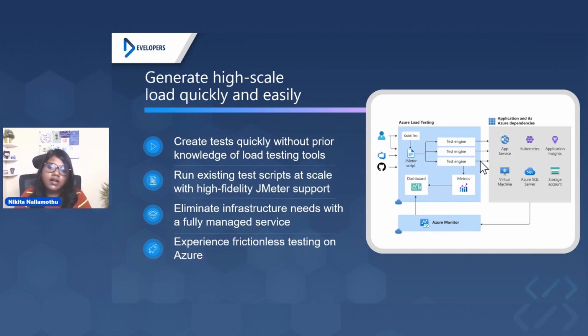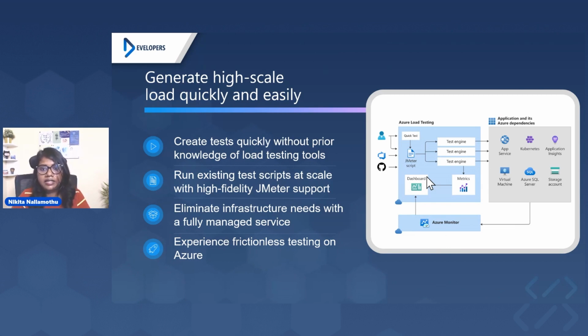If it is on Azure, then you get a very comprehensive dashboard with all the server side metrics as well. So if, for example, your application is on app service or Kubernetes and you have a database and a storage account, we pull all the server-side metrics from Azure Monitor for these application components, and we provide you a single view dashboard for all the server-side metrics as well as the client-side metrics that JMeter provides.